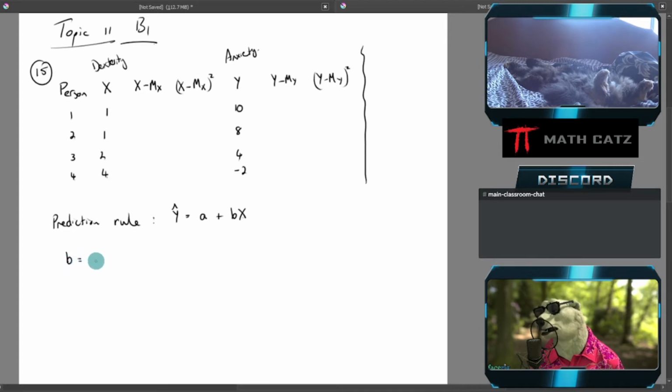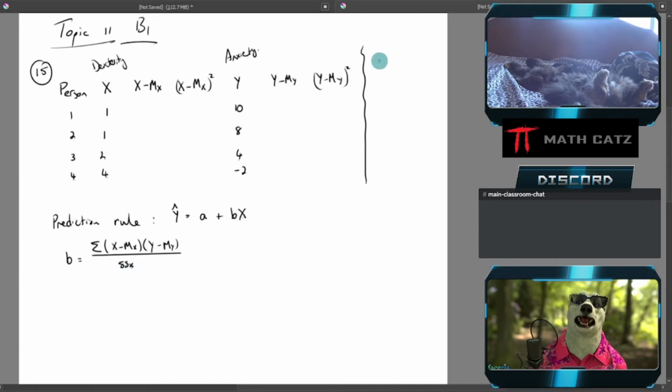The b is going to be calculated using these deviations from the means in both cases. We pairwise multiply them together, add them up, and divide by the sum of the squares in the x variable. So here what we're going to need is to multiply the deviation scores, so to speak.